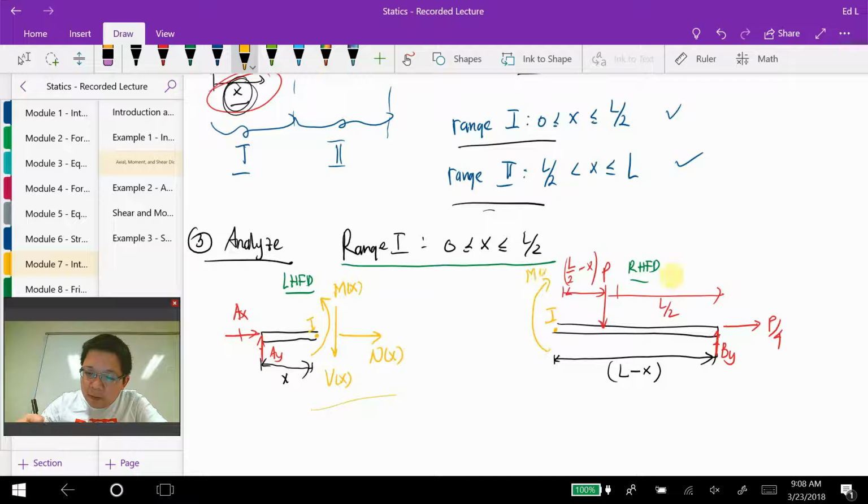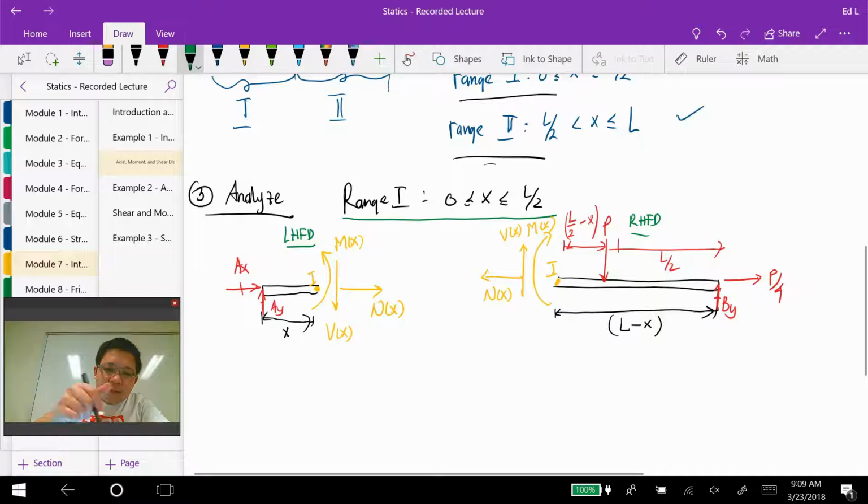Same thing in the right hand free body diagram: we have M of x, V of x, and N of x, and all of the directions are in positive sign convention as well. All of these internal forces occur at this point right here; the sketch may be drawn a little far away from that point for clarity.